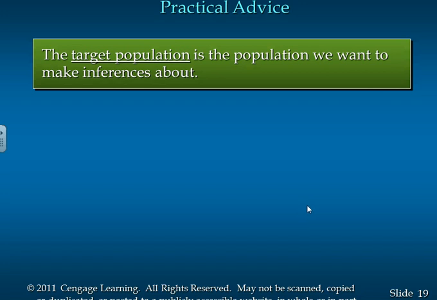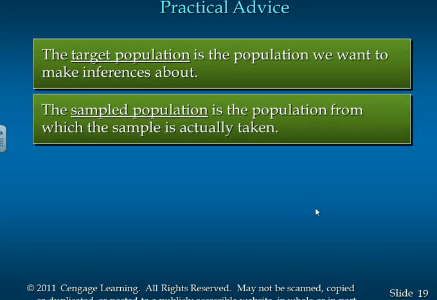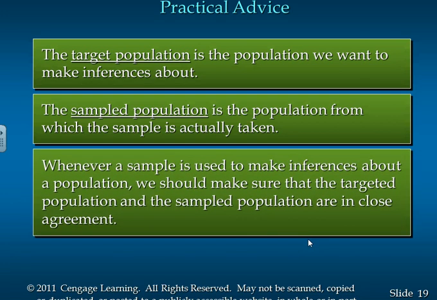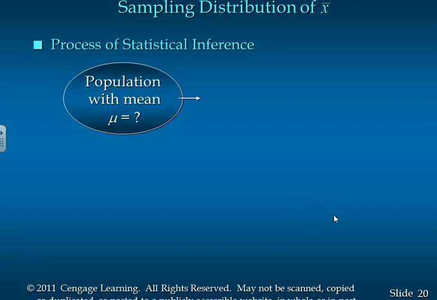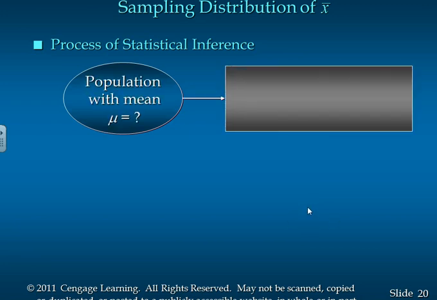Target population, probably want to make inferences about. Sample population, what I actually did. And we have to make sure the sample population closely relates the characteristics of the real thing. All right. Statistical inference.